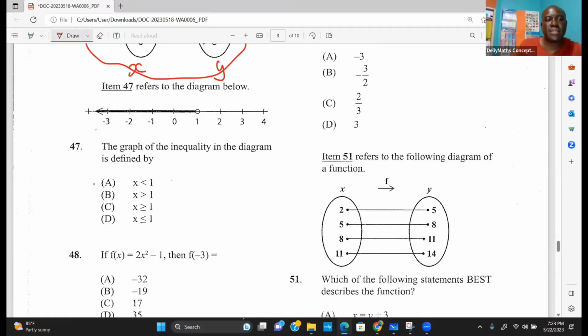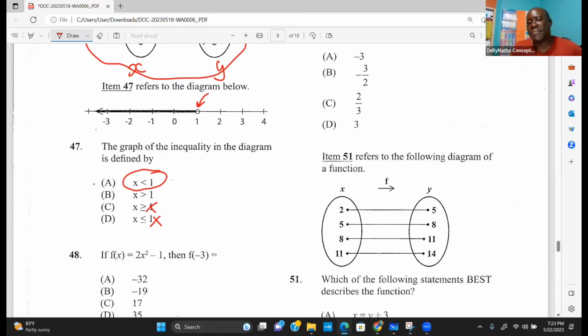All right, so this one is saying the graph of the inequality diagram is defined as what? Take a look. Anybody remember when we pointed out that open means it's not shaded. So the fact that it's not shaded, this is off, this is off. So I've already eliminated 2. So it's either A or B. Now you notice it's highlighting number 1, and then it points to negative infinity. So X is less than 1.